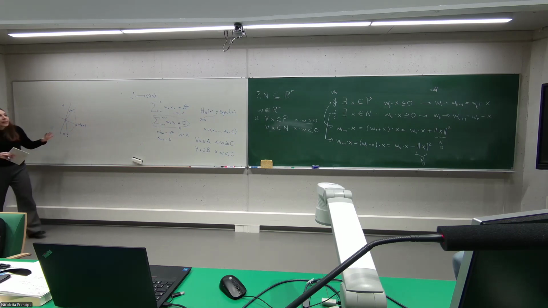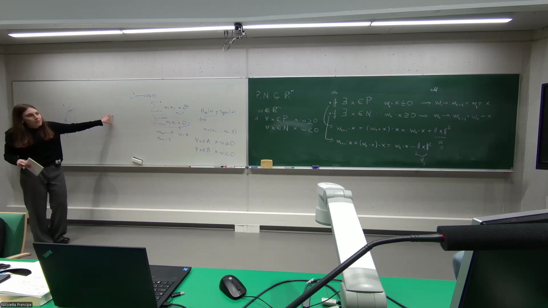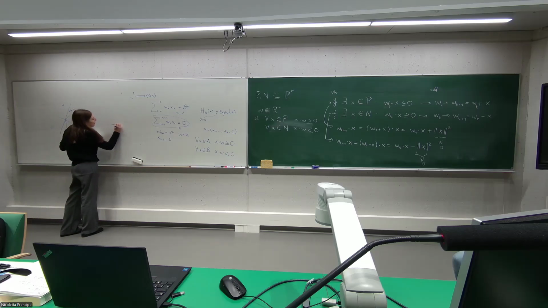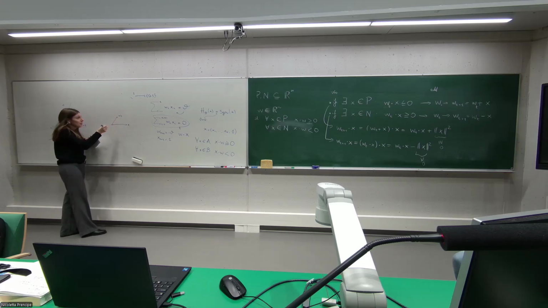And one can do the same thing for the second case. Imagine this is X here, and this is WT. The scalar product between these two is positive, because X belongs to the upper part with respect to WT, but I wanted X to be negative.